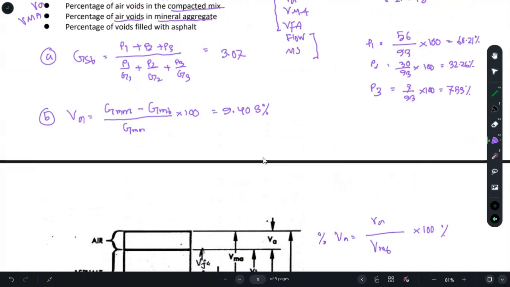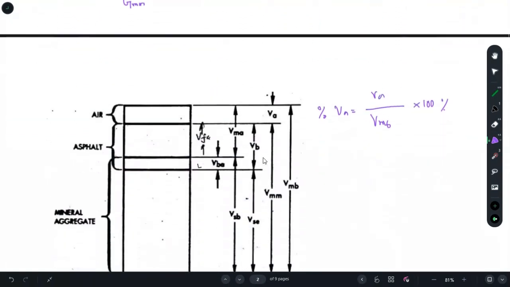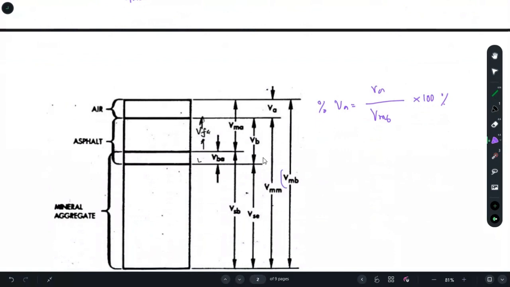So what do you mean by that? You have a total volume of these, and when you're finding out the volume regarding your mineral aggregates, except this volume right over here, all the rest can be regarded as voids.